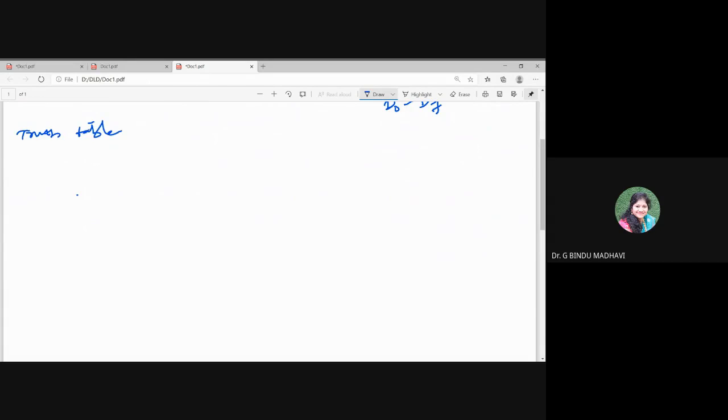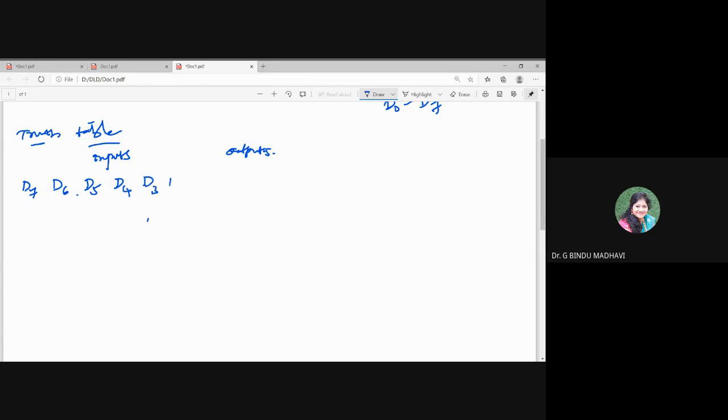Now, the truth table. What does a truth table consist of? It contains inputs and outputs. The possible inputs and outputs will be shown in the table.